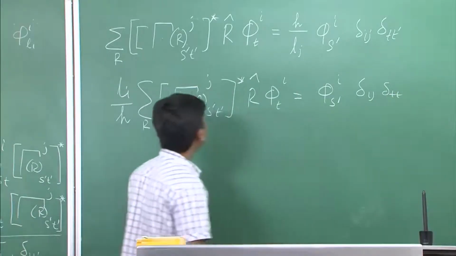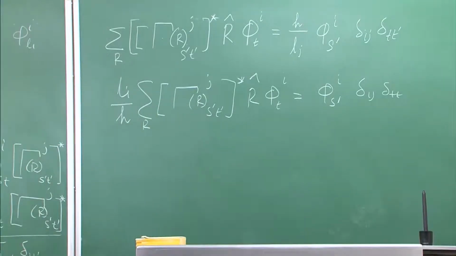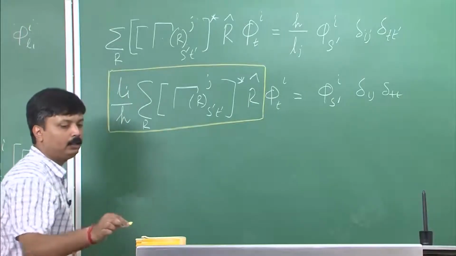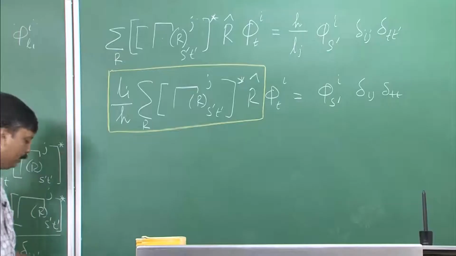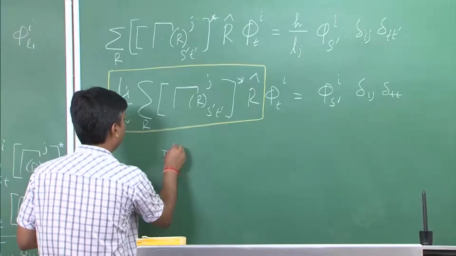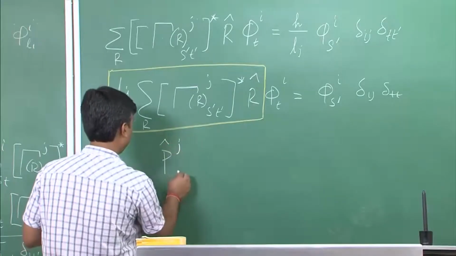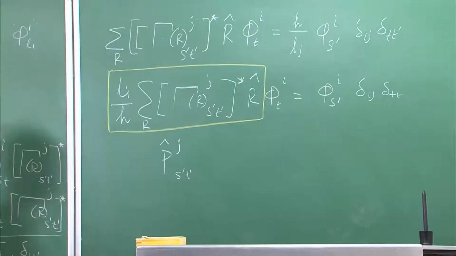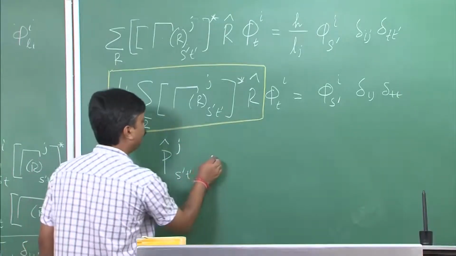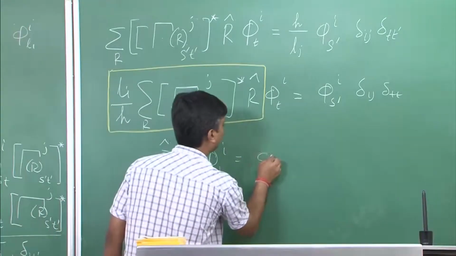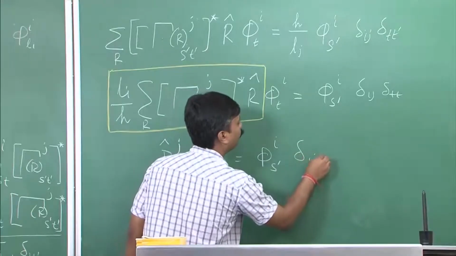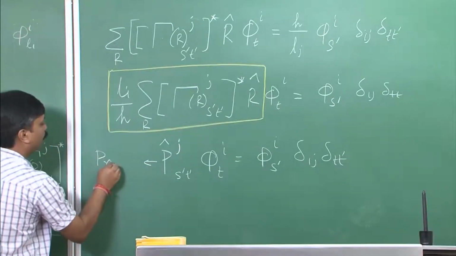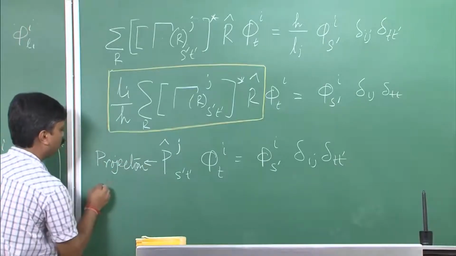So this part of the left hand side is known as the projection operator, and this is abbreviated as P of s prime t prime, for the jth irreducible representation. So this is my projection operator.